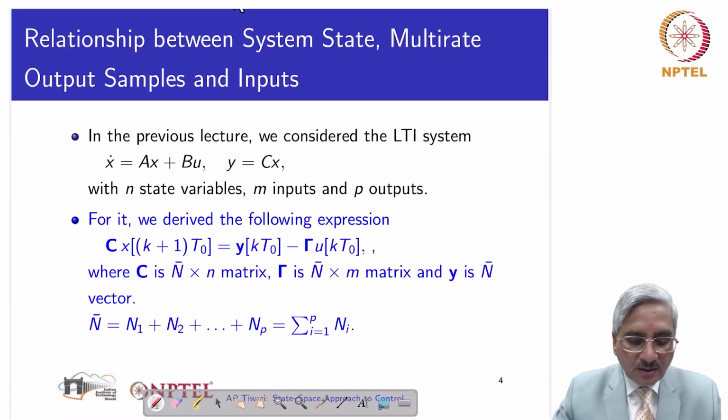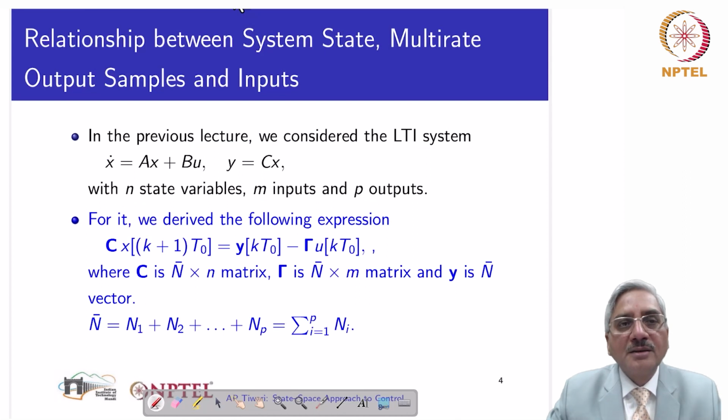This system we discretized at the rate 1 by T0 on the input side and at the rate n1 by T0 for output 1, n2 by T0 for output 2, n3 by T0 for output 3, and so on, np by T0 for the pth output, where n1, n2, n3, etc. are integers.